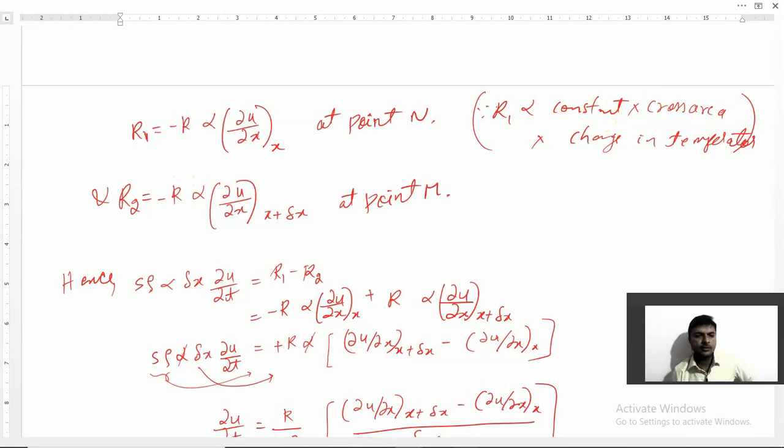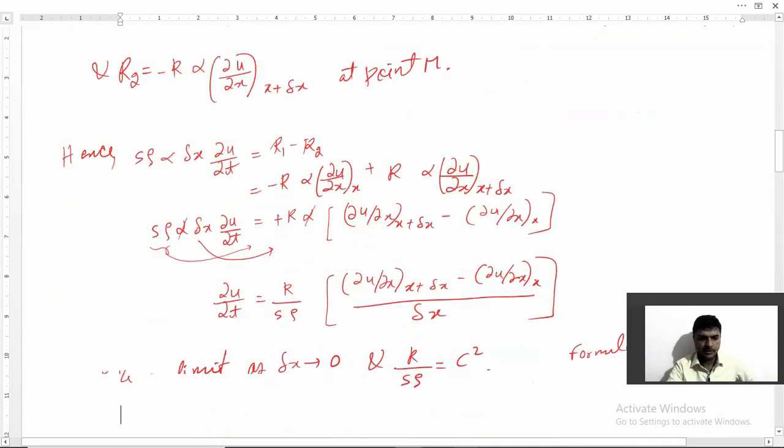Next, into cross section area alpha, with the change in temperature dou u upon dou x remaining the same, but at point m the distance is x plus delta x. That is what you have to remember. Substitute R1 and R2 and simplify the equation.